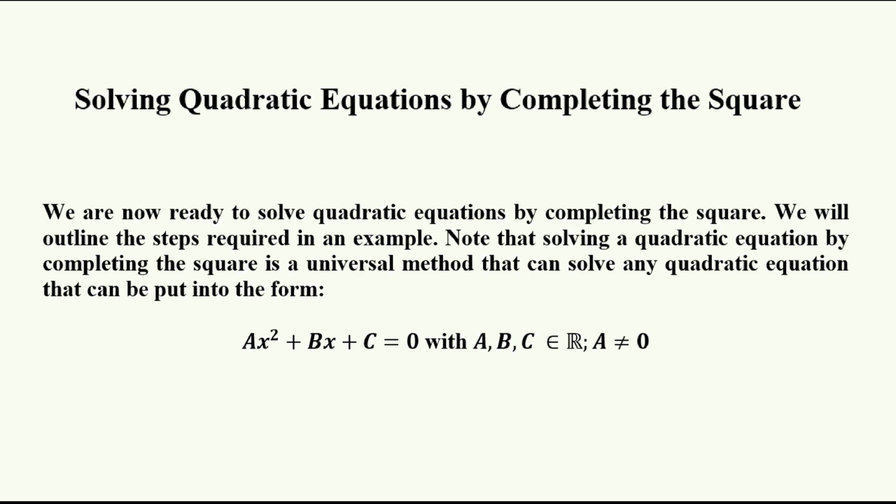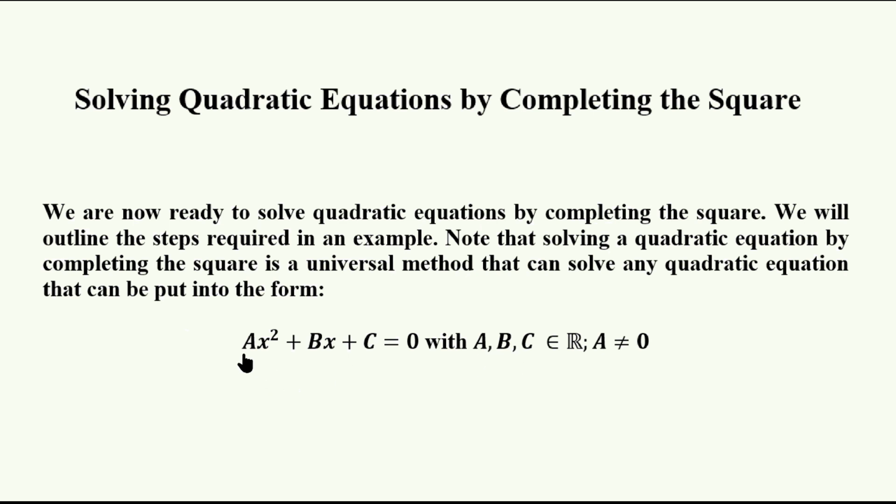Now we're ready to go ahead and proceed with solving quadratic equations by the method of completing the square. This is an extremely important method in the sense that it is universal, meaning that it will solve any quadratic equation that can be put into this form: ax squared plus bx plus c equals 0 with real coefficients.